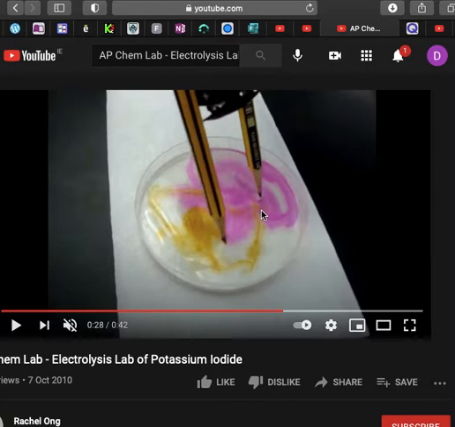What's the color change for that titration? The color change is pink in the base to colorless in the acid. So we are making base here.